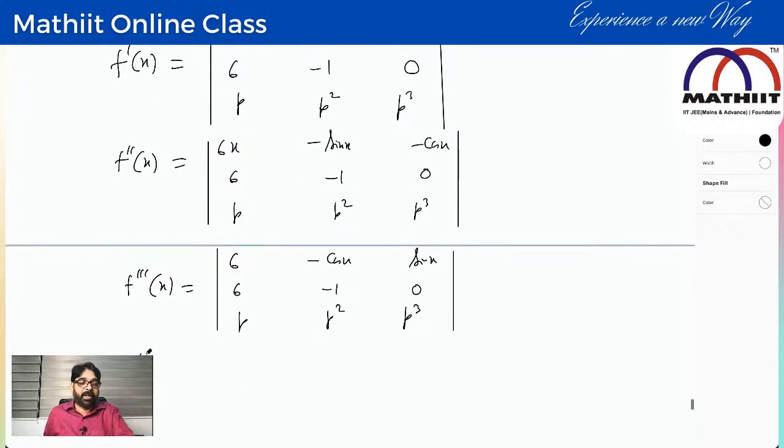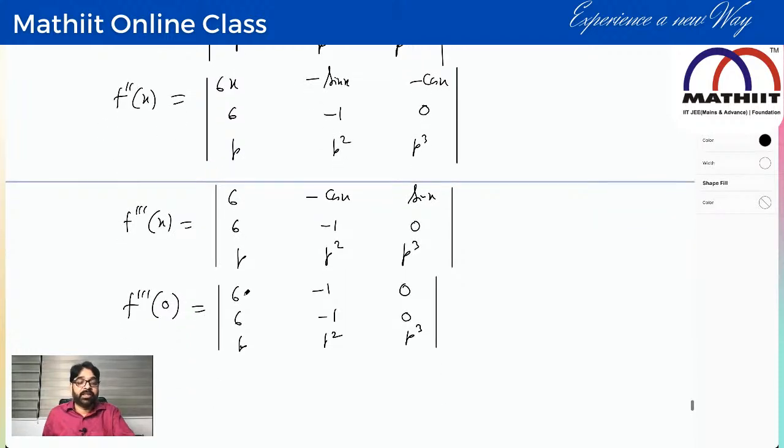If they ask f triple dash 0, it means put x equal to 0 wherever x is there. So 6 and 0, if you put it here, it will become minus 1. 0 here, put it 0, and 6, minus 1, 0, p square, p cube. And anybody can say that these two rows are identical, so the determinant value will surely be 0. So the answer will be 0.